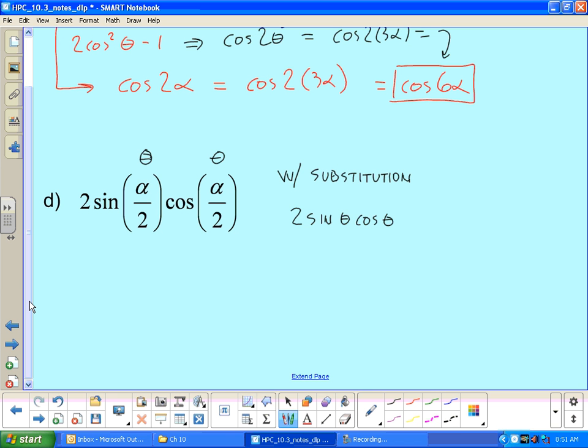And we know that that is the same thing as sine of 2 theta. So we can just resubstitute for theta this alpha over 2. Those 2's get to cancel, and we end up with just sine of alpha.